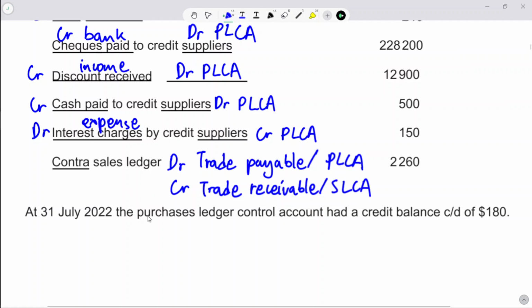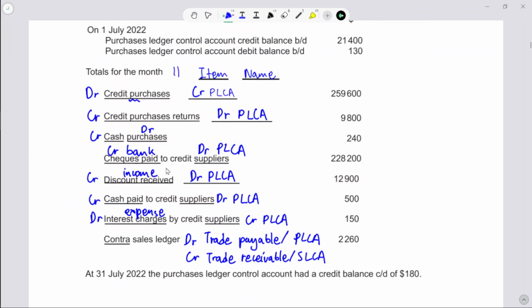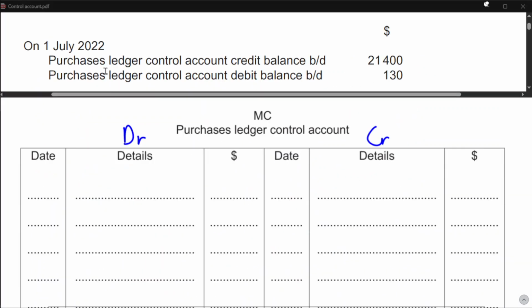Yeah. So we can input the data. Okay, now let's see the first line is a credit balance BD. Credit balance BD. Okay.